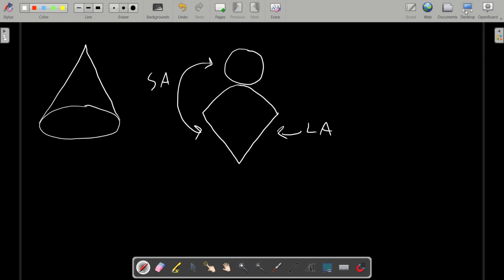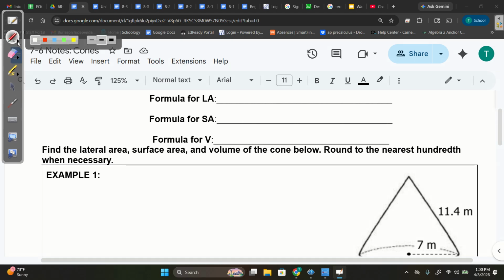So, with that in mind, let's go over the formulas for the lateral area, surface area, and volume. The lateral surface area is pi times radius times the slant height. Remember, this L here refers to slant height, just like it did for the pyramids.